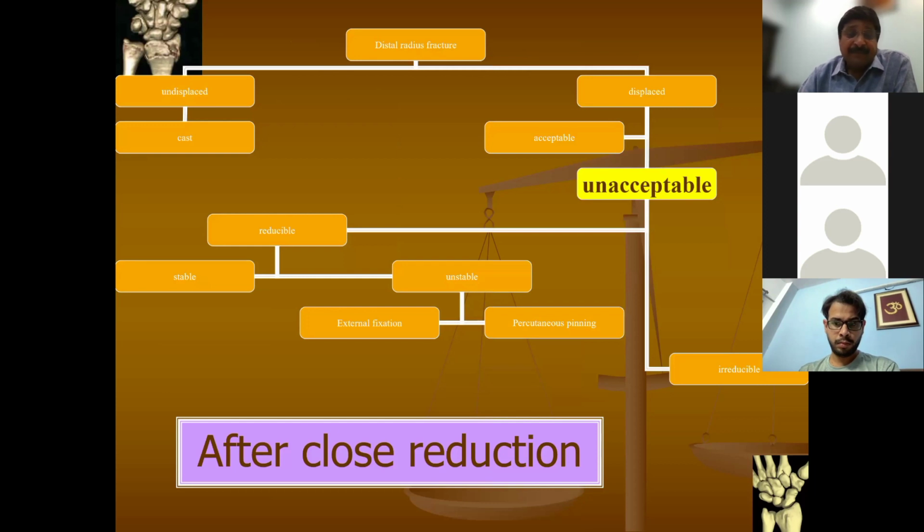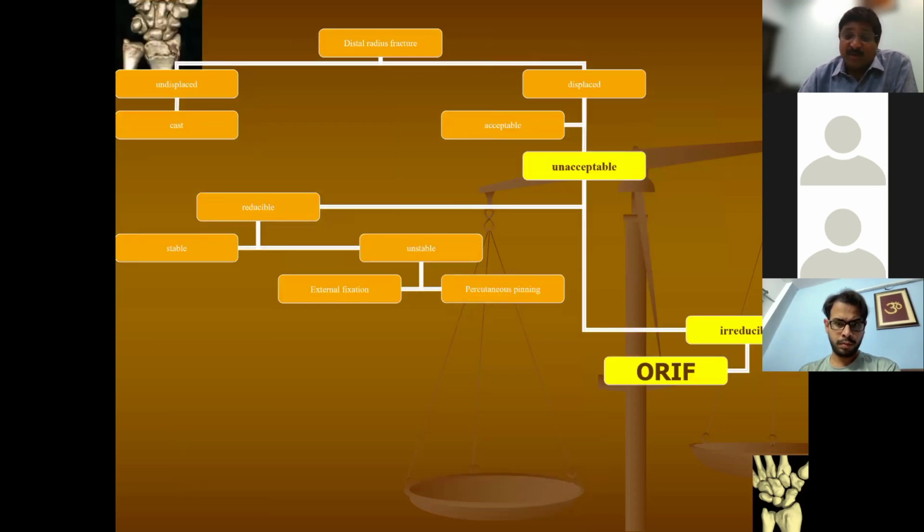So after closed reduction, if the fracture is still unacceptable, that means it is irreducible, and in such cases we have to do open reduction. We can do open reduction and internal fixation in many ways.